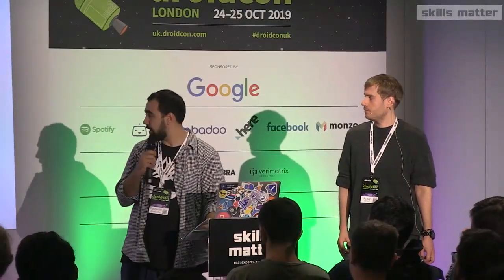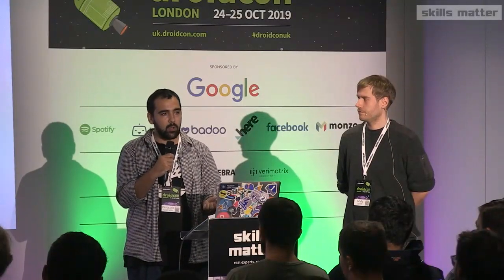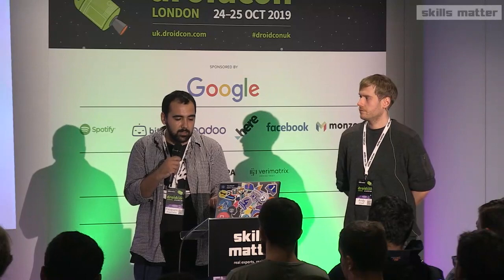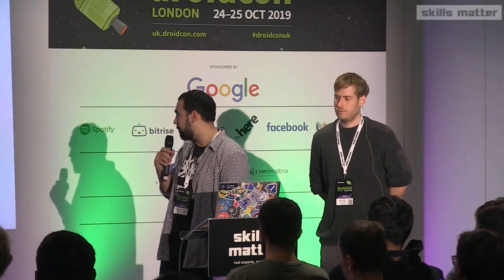But on the other hand, the channel can grow indefinitely, which means that if the receiver cannot keep up, you can get a very, very long list of messages in this channel and eventually even crash from running out of memory. So back pressure is actually a technique to avoid this from happening, where you want to make sure that this is not a scenario that will hit your app.